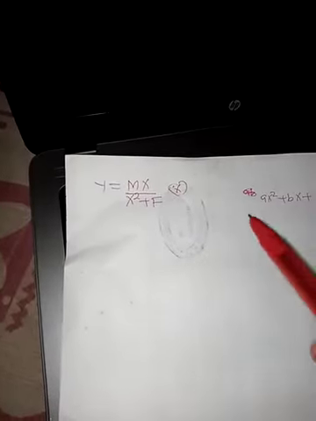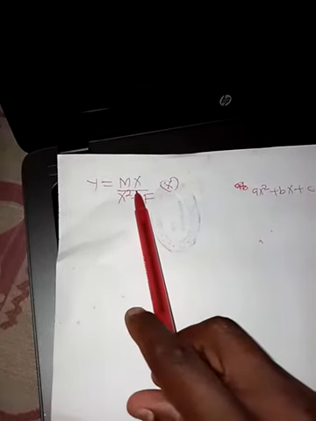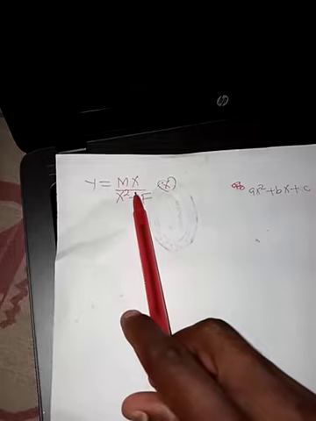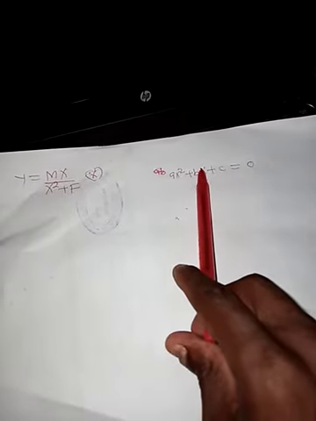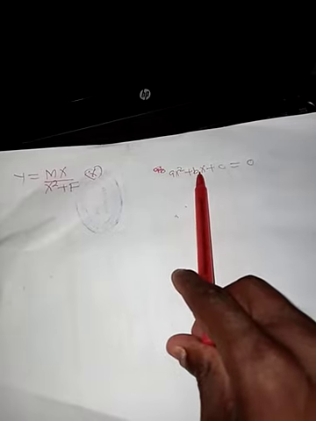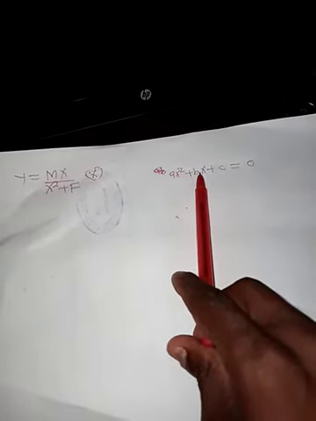You will realize that how we are going to solve this one is the same aspect that we applied when we were making this equation that is here.